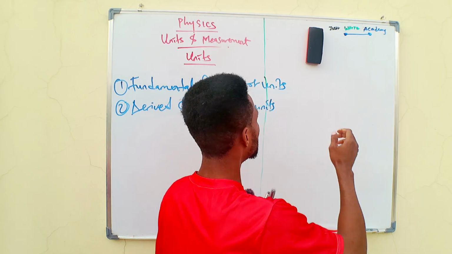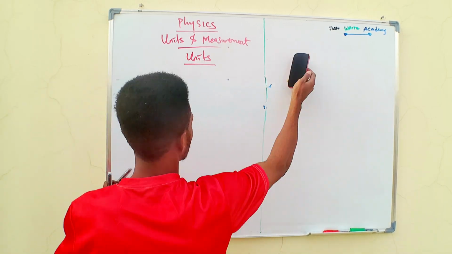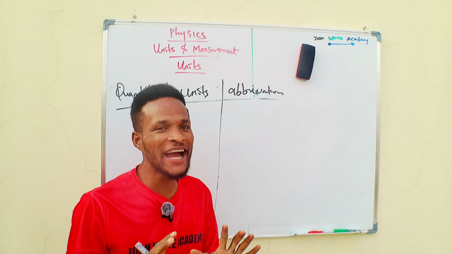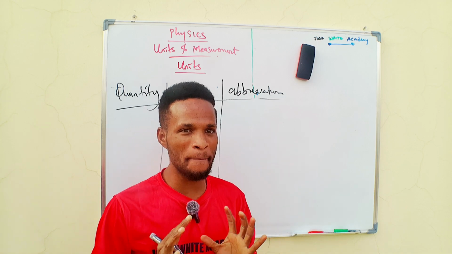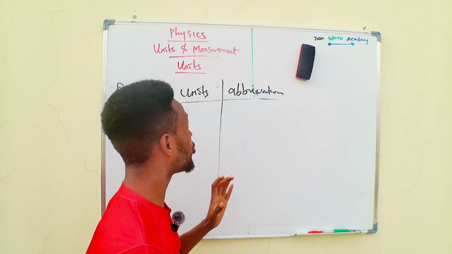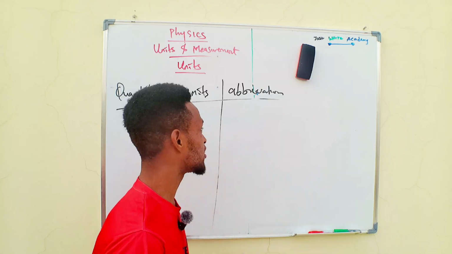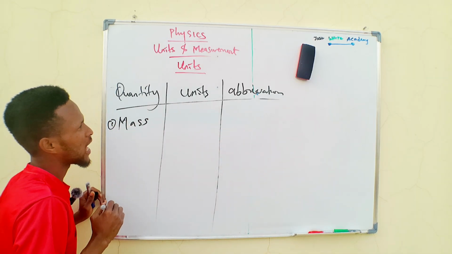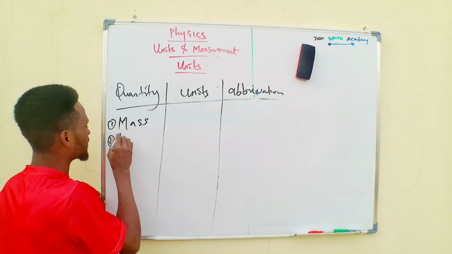So let's see this table. We actually have 7 of them that fall under this category of being fundamental quantity. The first one is mass. The second one is length.